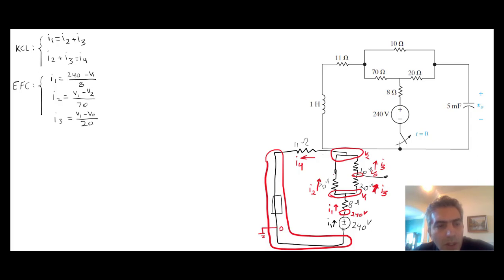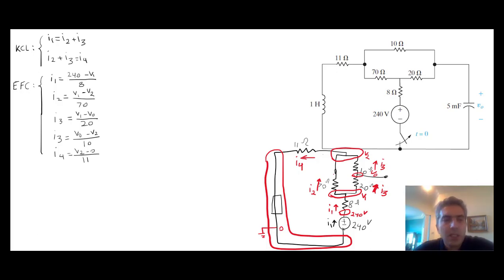For the 10 ohm, I3 is equal to V out minus V2 divided by 10. Finally for the 11 ohm, I4 is equal to V2 minus 0 divided by 11.